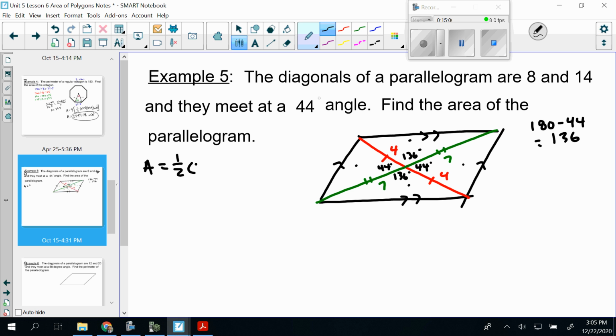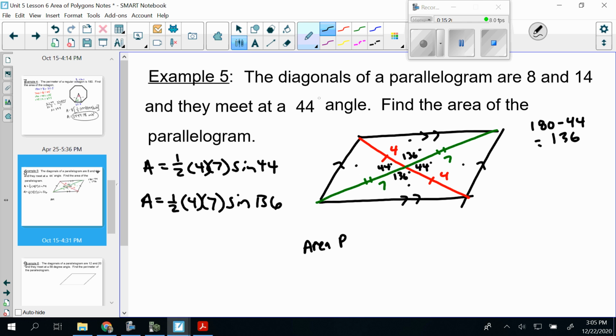So half of 4 times 7 times sine 44 would be the area of one of those. The other one would be half of 4 times 7 times sine of 136. And then we got 2 of each of those, so the area of the parallelogram would be 2 times both of those, and then added together.